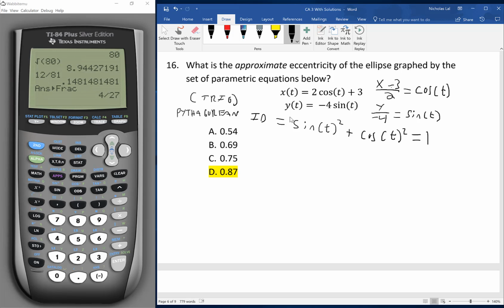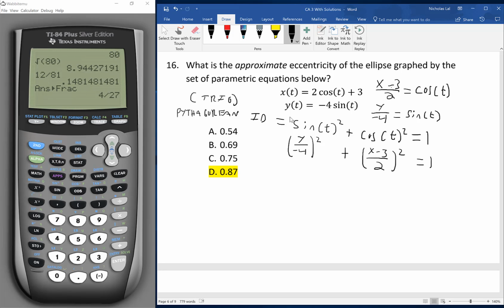So if y over negative 4 is the sine of t, then y over negative 4 squared is the sine squared of t. And if x minus 3 over 2 is the cosine of t, then x minus 3 over 2 squared is the cosine squared of t. And that's all equal to 1.